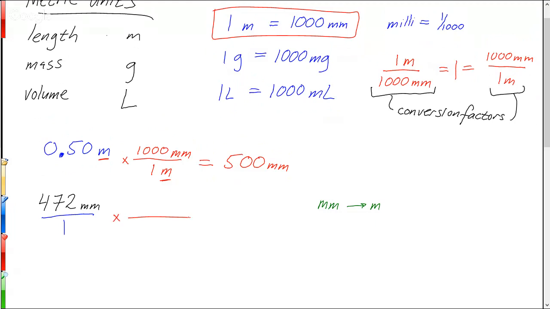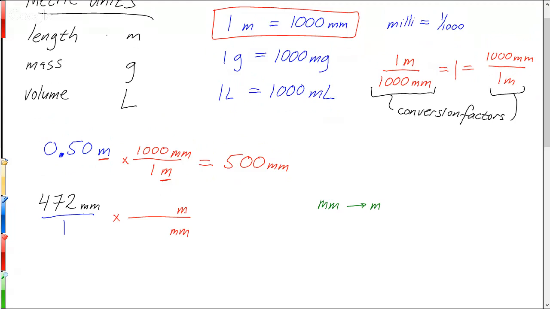And what I do with these to keep track of them is I always write down the units first and the numbers last. So all we need to know is what we wrote down in green over there, that we want to go millimeters to meters. And that tells us that we need a factor that has millimeters on the bottom to cancel out with the other one, and meters on the top.